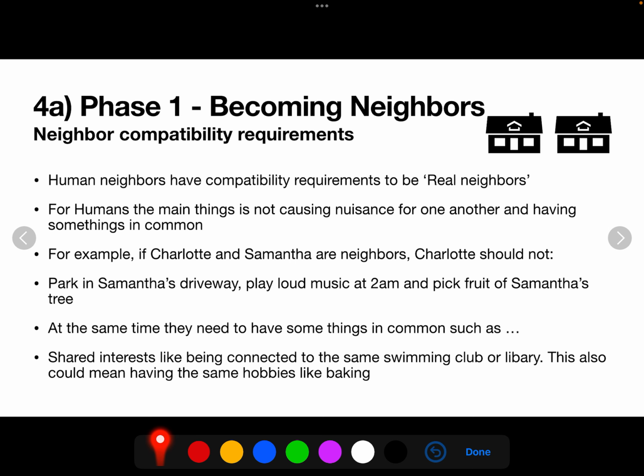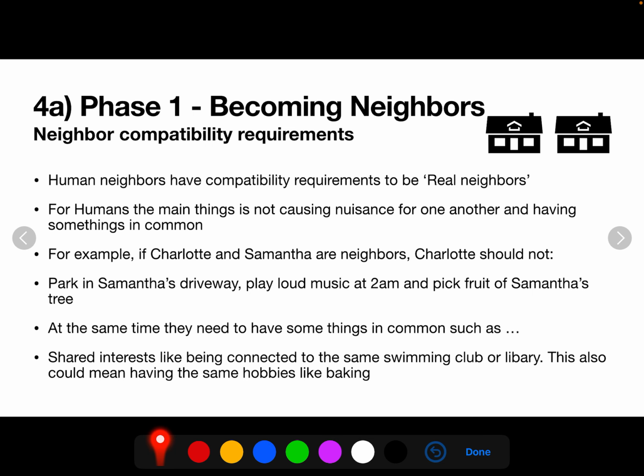I'm going to bring in those characters, Charlotte and Samantha, that I spoke about earlier. When we look at human neighbors, they have compatibility requirements as well to become real, true neighbors, not just two people who live next to each other and never talk, but two real neighbors who get on with each other, do things together sometimes, and look out for each other.